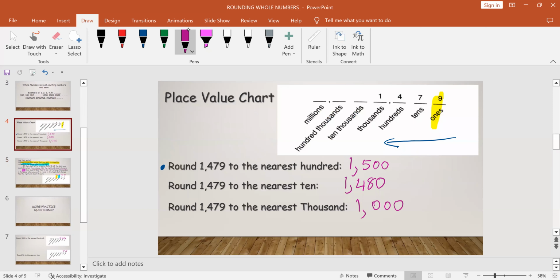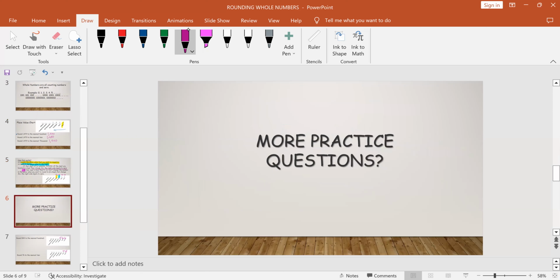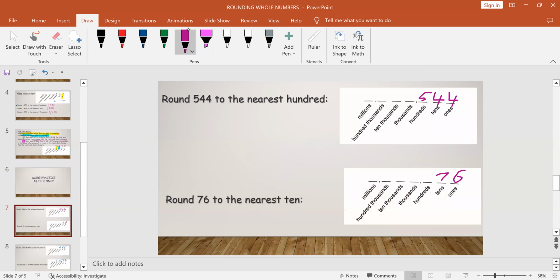Okay, let's continue with more practice questions. Here we have 544 to the nearest 100. Based on the steps, again, the first thing to do is to locate the digit for the 100.